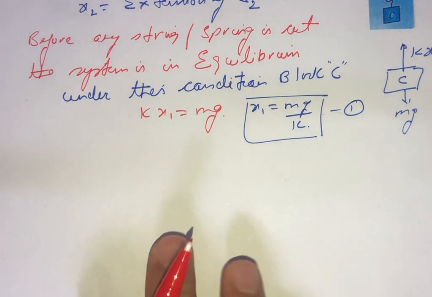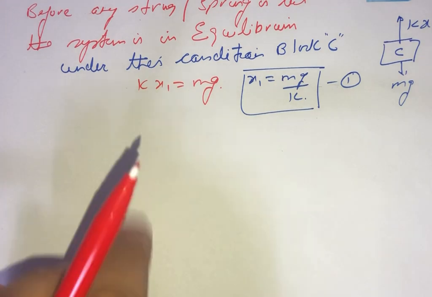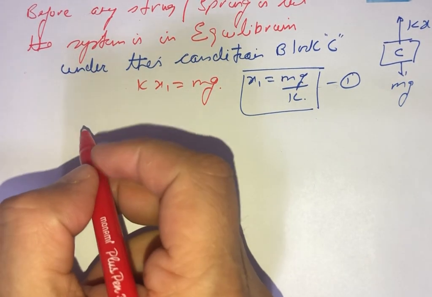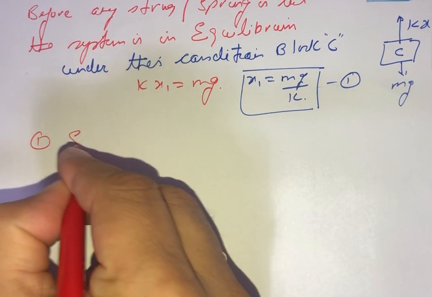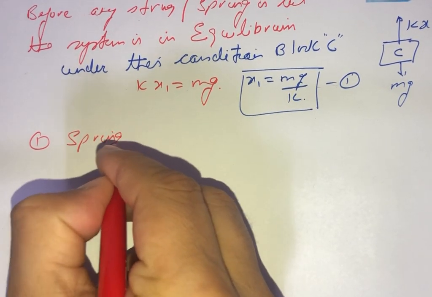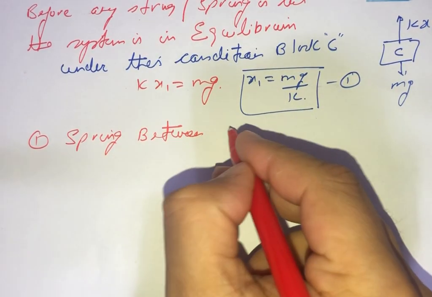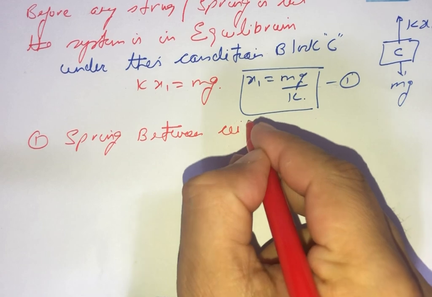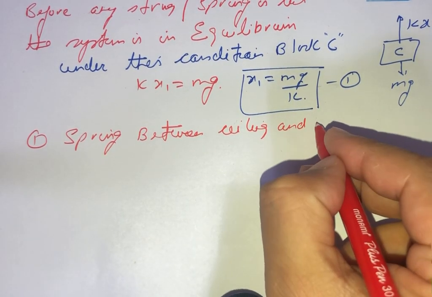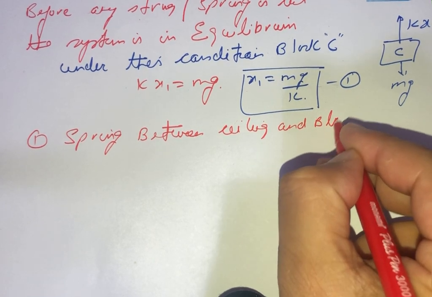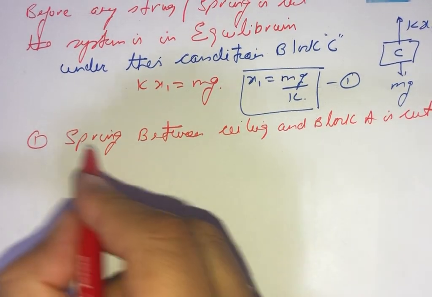Now in the first case, it is given the spring between ceiling and A is cut. Okay, so we can say that in the first part, spring between ceiling and block A is cut.